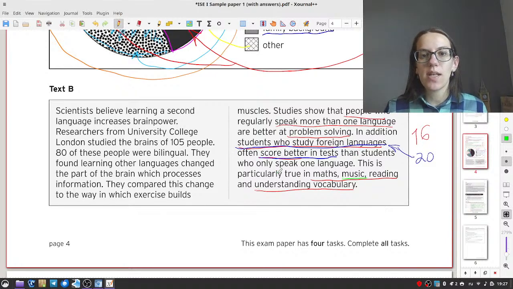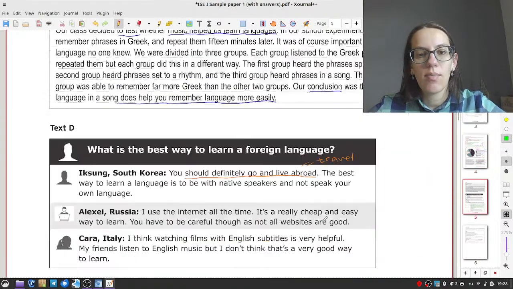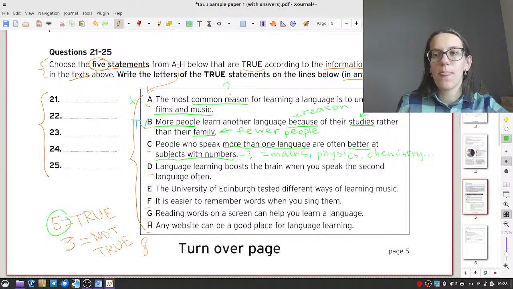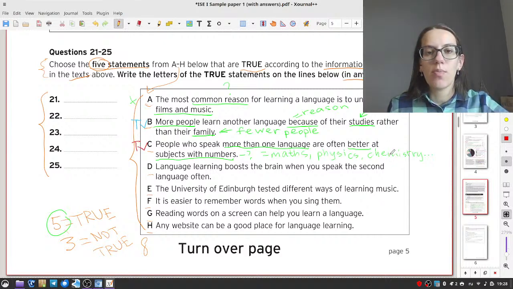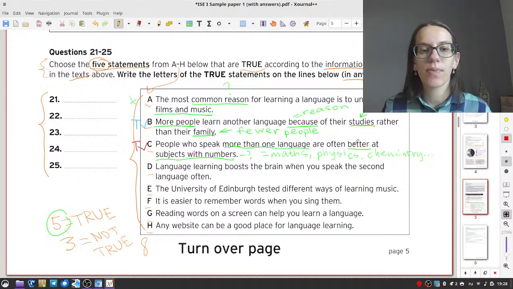And this is particularly true in maths. So it means that yes. Question 23 refers to this text. And yes, we found that it is true. So I will put a T here. They are better at maths, for example.